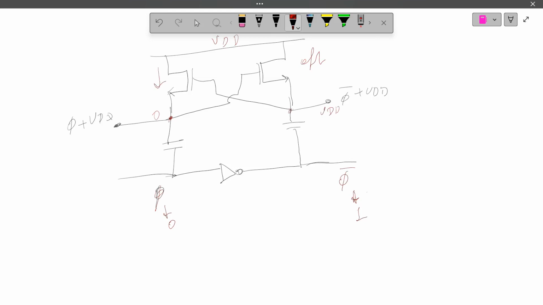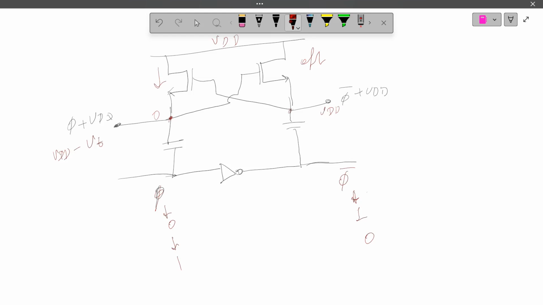How much will it charge up to? This is NMOS, so VDD minus VT, right? Okay. If phi is 1, phi R is 0. Sorry, phi R is 0. If phi is 1 means VDD.